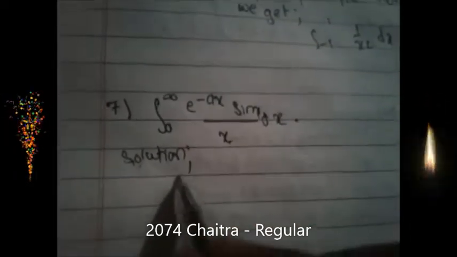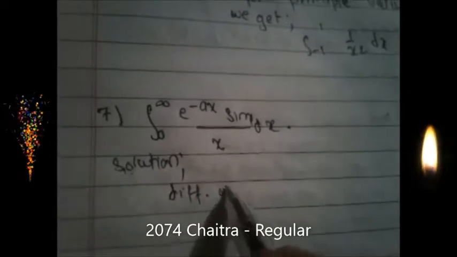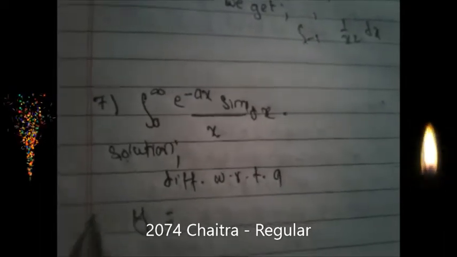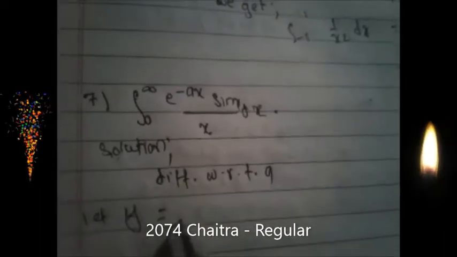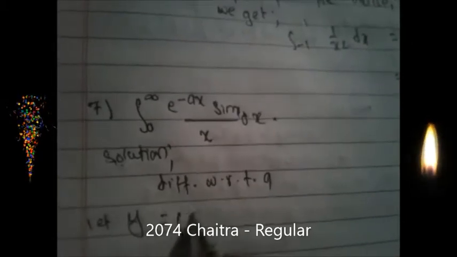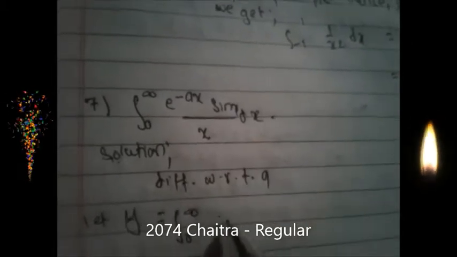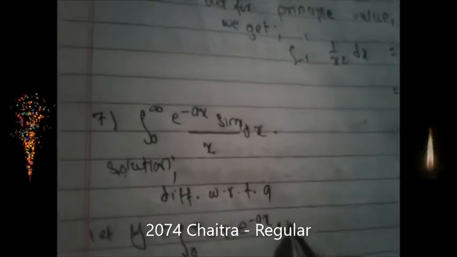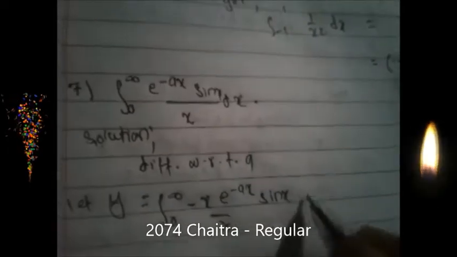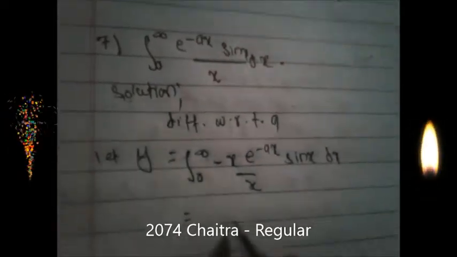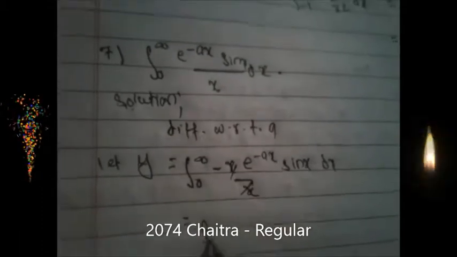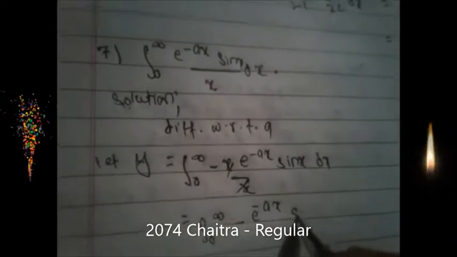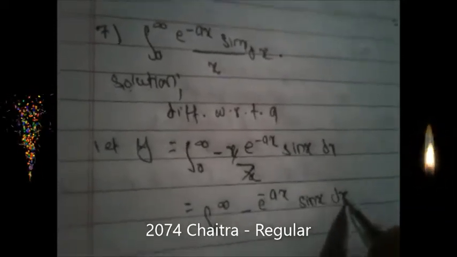It is asking under the integral sign, so we do it under the integral sign. First we differentiate with respect to a. Let y be equal to this, the integral from 0 to infinity, differentiating with respect to a, we get minus x e to the power minus ax sin x by x dx, which is equal to, this x is cancelled, the integral from 0 to infinity of minus e to the power minus ax sin x dx.